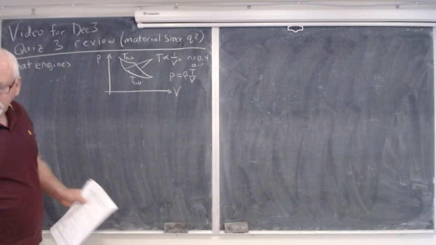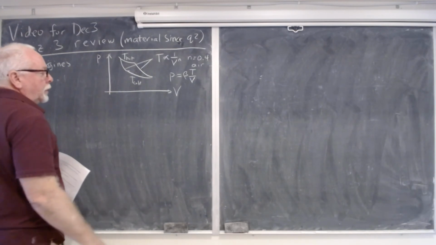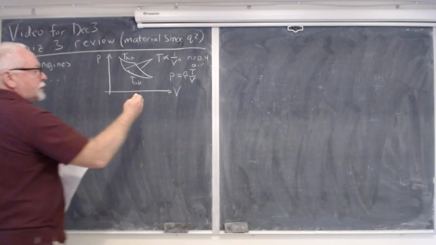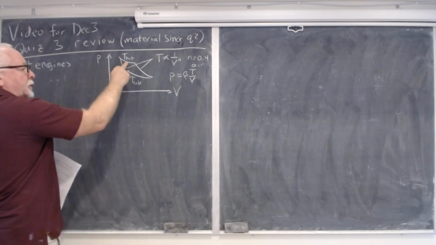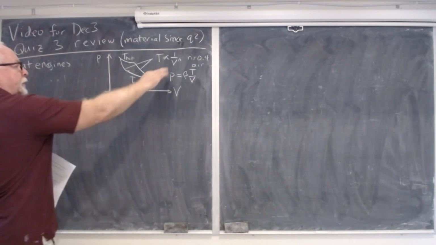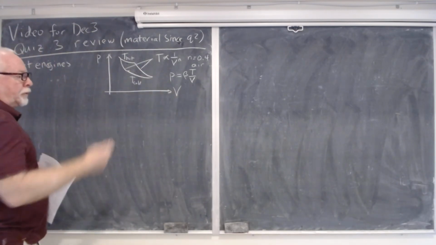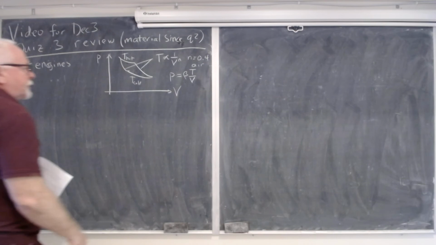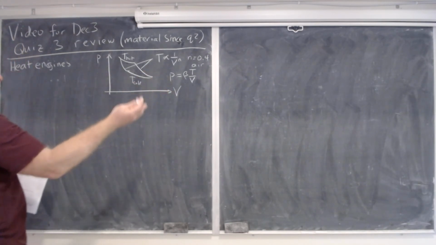But since the number of moles is a constant for these problems, the pressure goes as temperature over volume. So if the temperature is constant, it goes as 1 over volume. If the temperature is falling, it goes as 1 over volume to the n plus 1, and so faster than 1 over volume. So you have to understand what's written here.